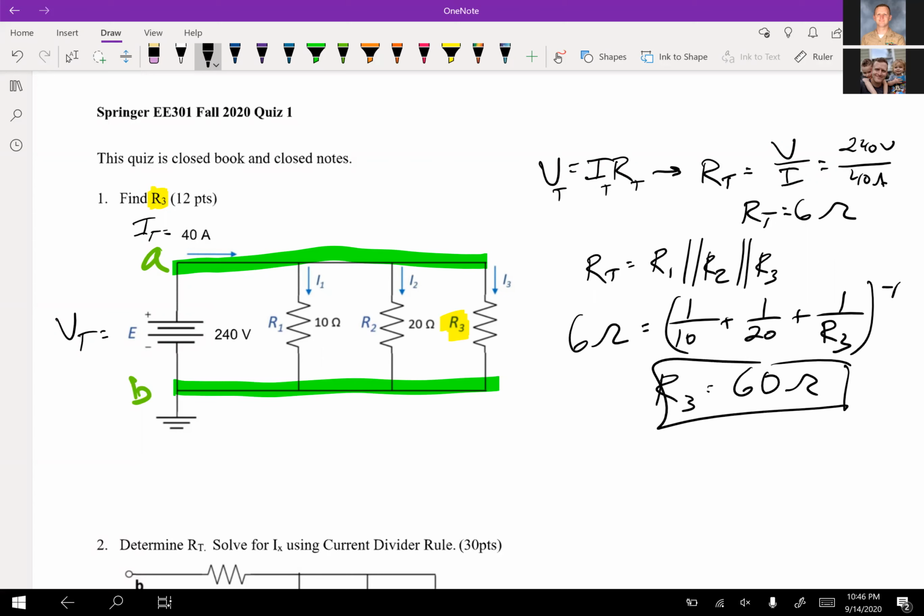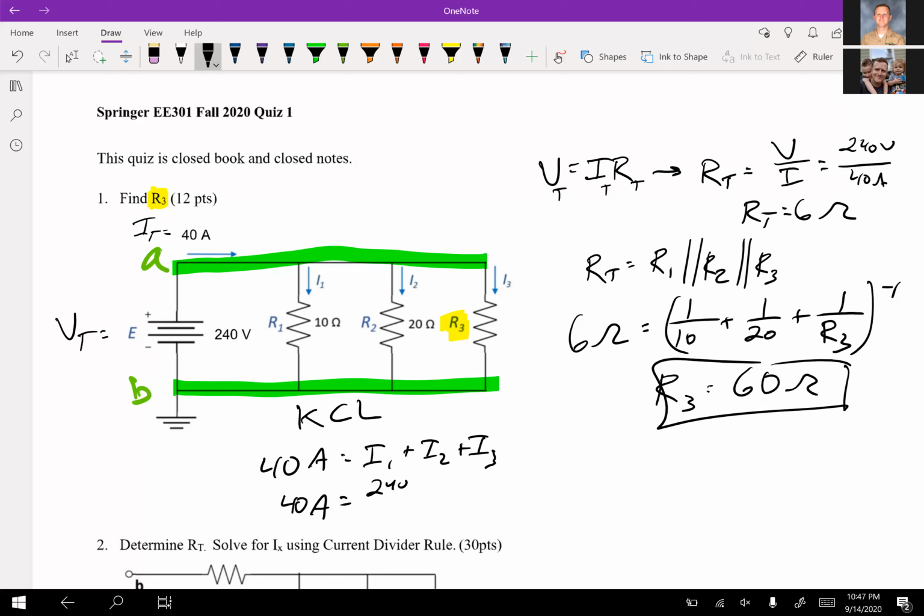Another way to do it is to see that they're all in parallel and use KCL: 40 amps is going in and what's coming out is I1 plus I2 plus I3. If they're all in parallel, they all have the same voltage across them.